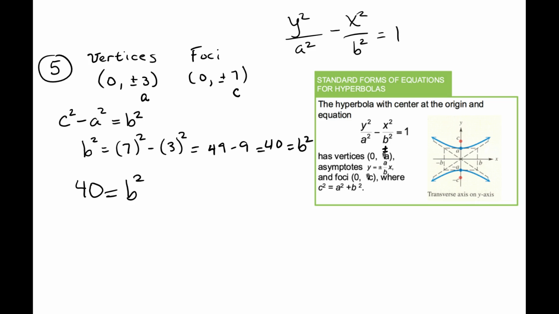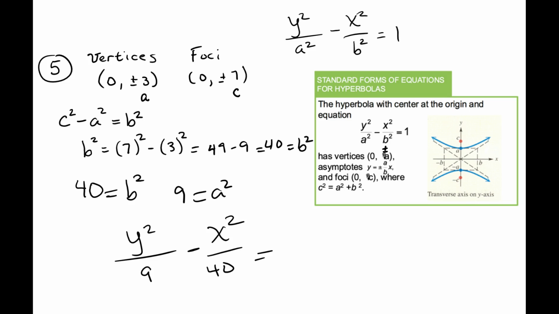We want to know what B squared is. And so the other one, A squared, is 9. 9 equals A squared. And our final equation then is really simple. Y squared divided by A squared, which is 9, minus X squared divided by 40, which was the B squared, and we set that equal to 1.